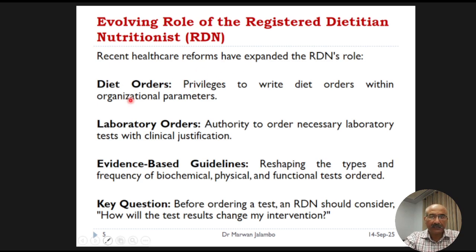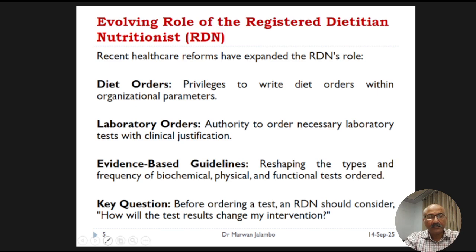So first, the RDNs, registered dietitian nutritionists, are increasingly gaining the privilege to write diet orders directly within the parameters set by their healthcare organization.